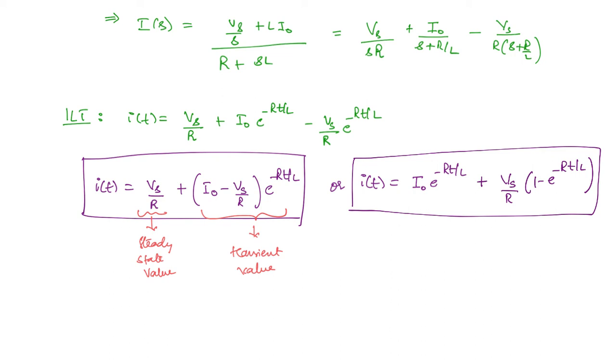The first part is the natural response, that is the output due to initial conditions. And the second part is the forced response.